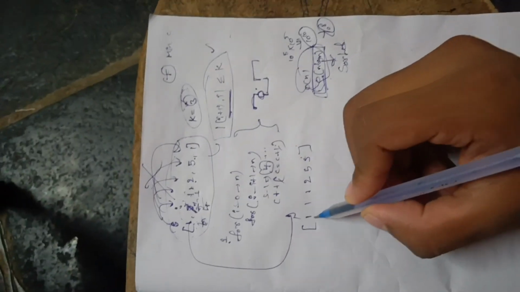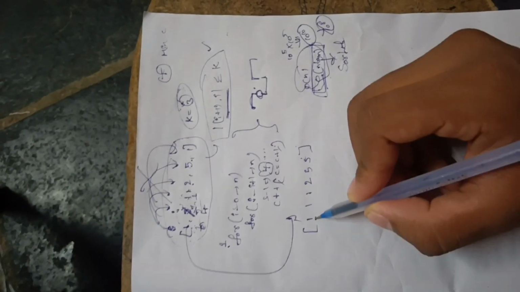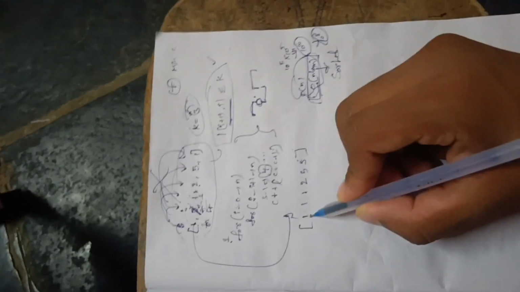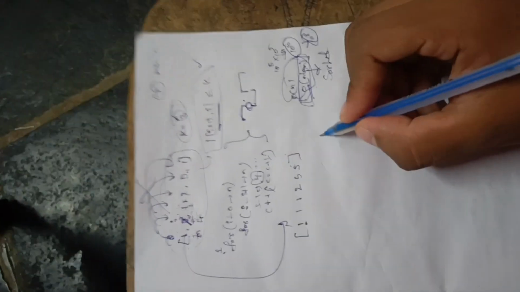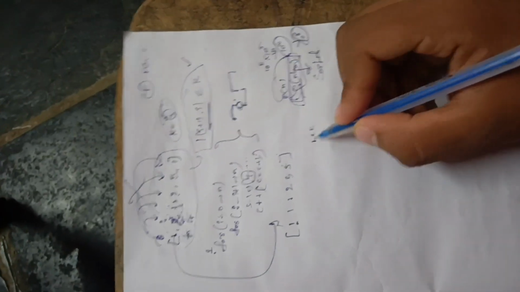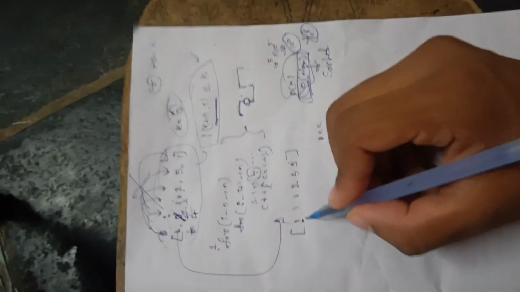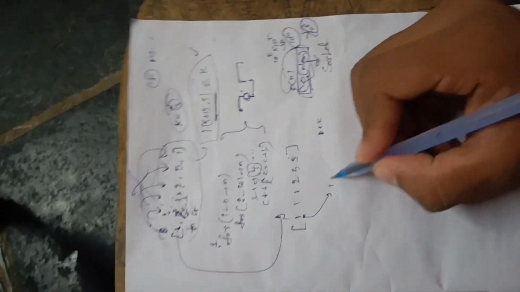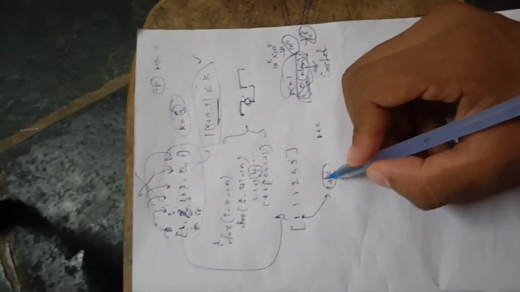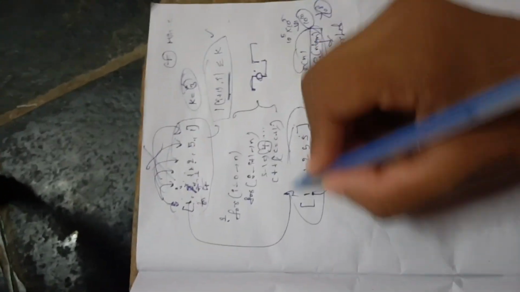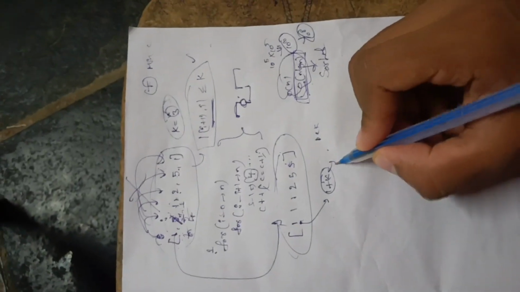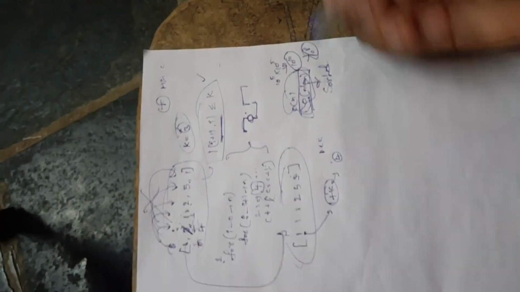Suppose one is here. What is the limit of one such that the difference has to be always less than or equal to k? How much can we add to the 1? In order to get the limit, 1 plus k, so 4. In this array up to 4 we are already sorted, so up to 4 we don't have a problem.